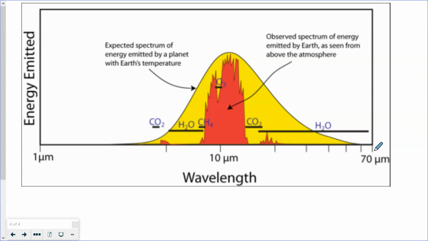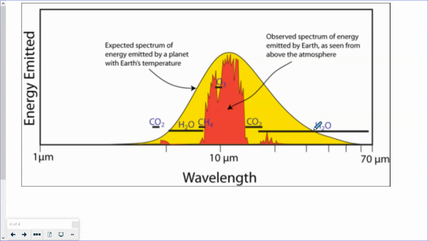What do the red and the yellow parts mean? The yellow area here is what we would expect from that black body theoretical information, what we would expect the temperature of our planet to emit in the different types of radiation. So this is what we would expect to see.